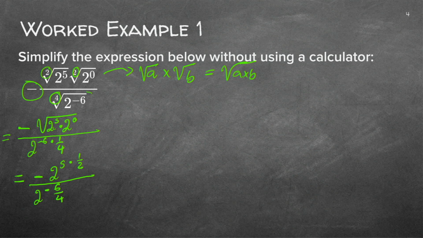And if I move on again from these, we will find ourselves with this case here. Let me just write it on the side for you. So you'll find yourself with 2 to the power of 5 over 2 divided by 2 to the power of negative 6 over 4.